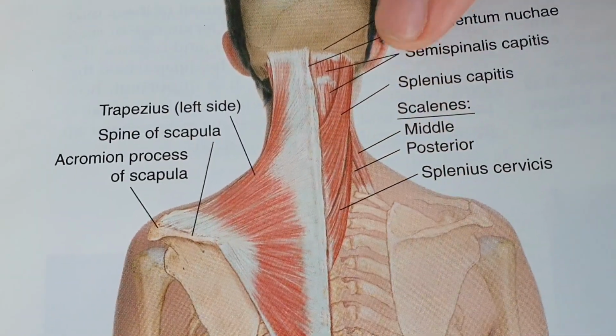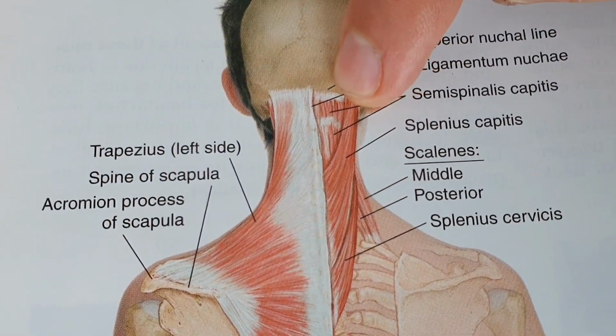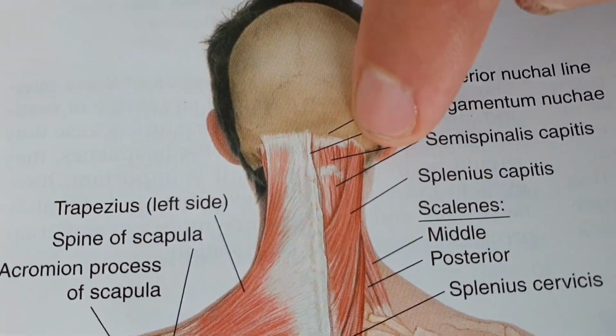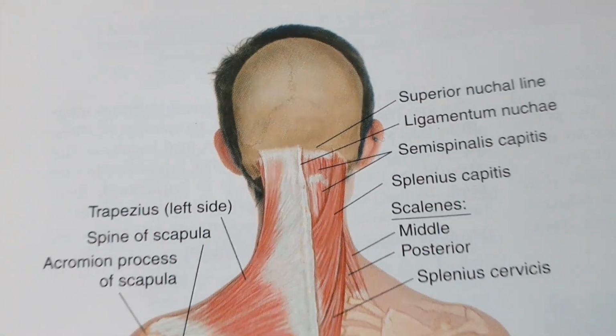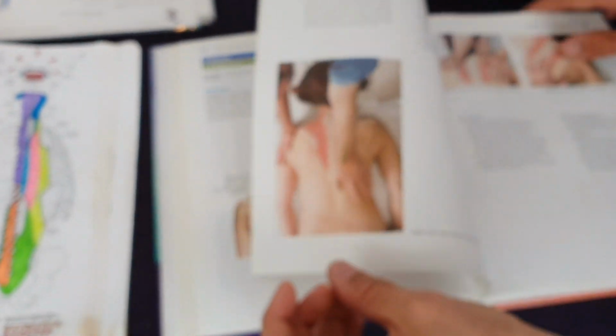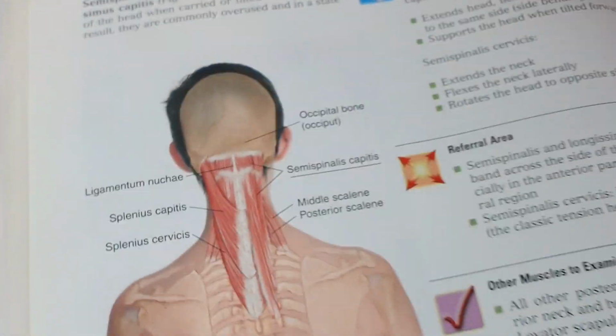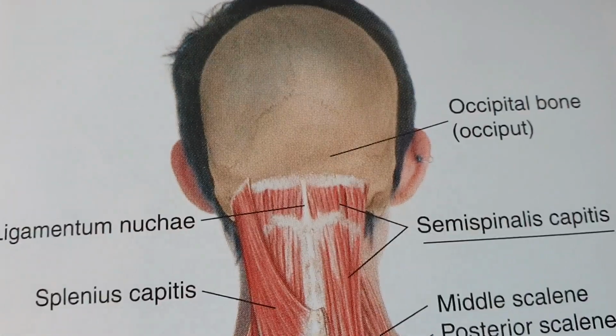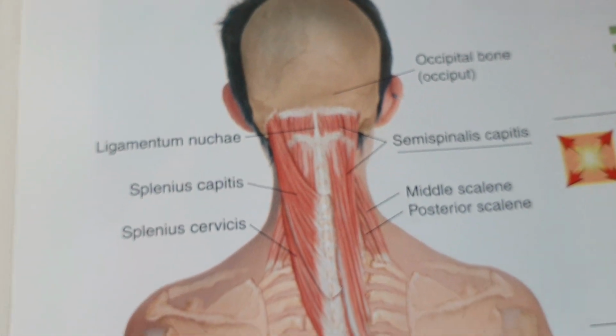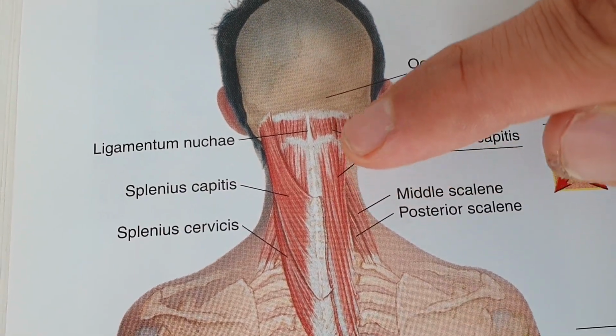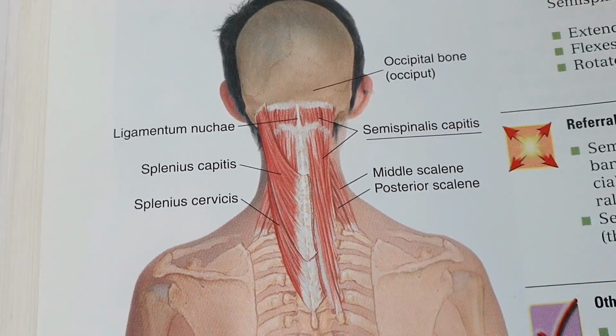As we take the superficial layer off, there's a bit of white up at the nuchal line, the suboccipital attachments for all these muscles. As we flip pages and take layers off, things become more complex. You can see the fascia there, increasing every time we take a layer off.